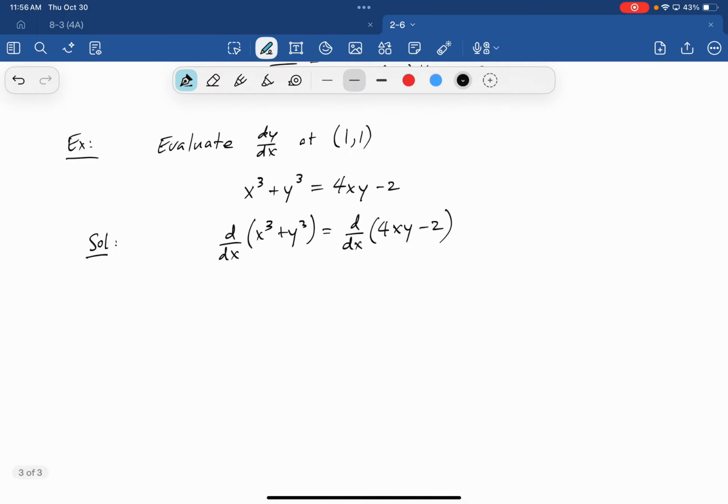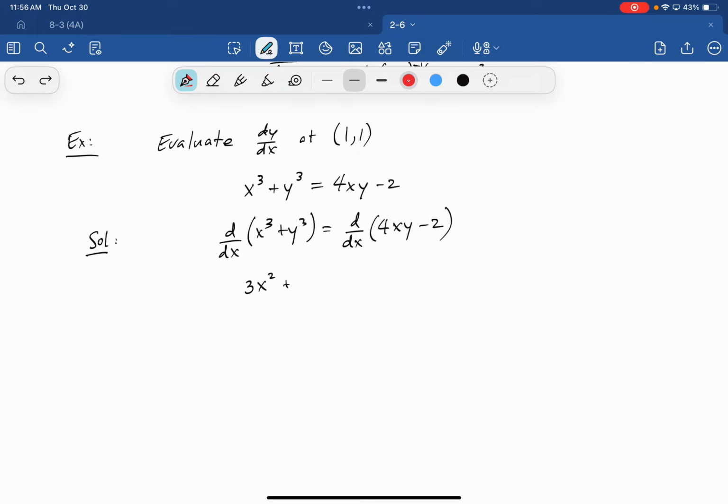The derivative of x cubed is easy. That's just 3x squared, power rule. But for the derivative of y cubed, I have to use chain rule, right? Because the outside function is the cube, and the inside function is y, which is still a function of x.